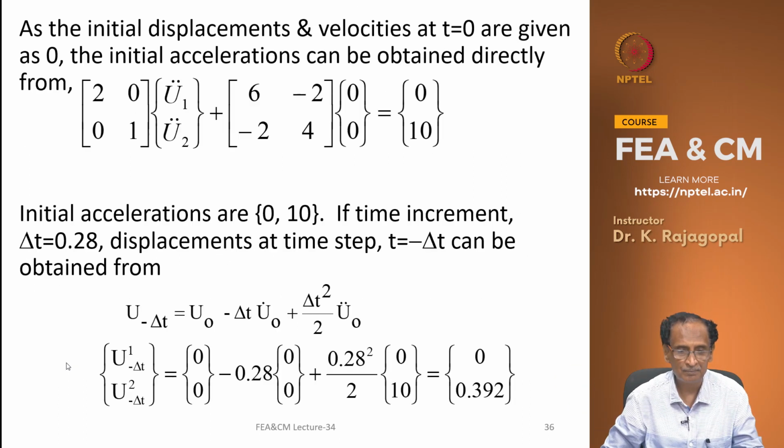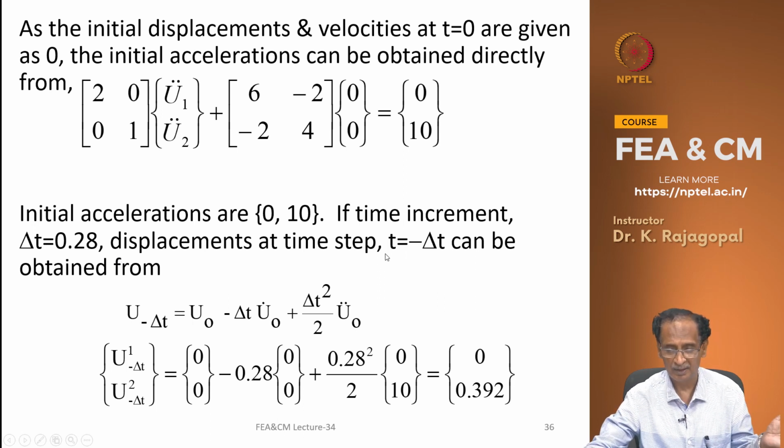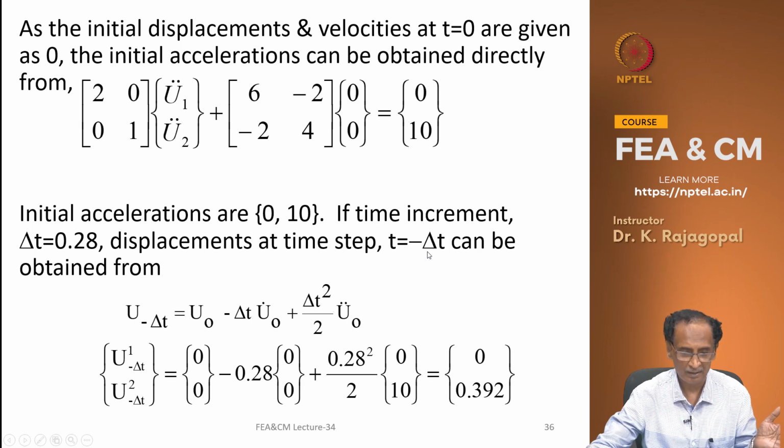Let us take, to start with, a delta T of 0.28, and we need the response at the previous time step, t minus delta T, and the equation for starting the analysis is given here.